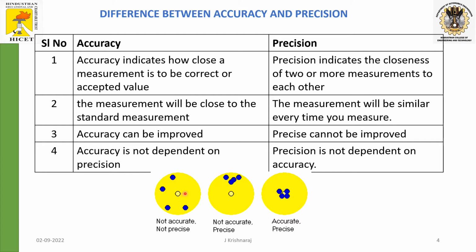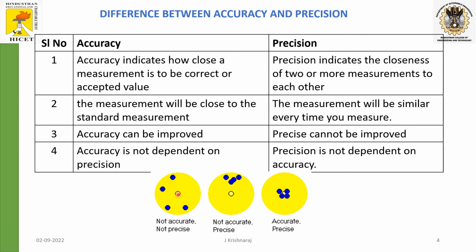In the first image, it shows not accurate and not precise. Not accurate: what is accuracy? Nearness to the true value. The true value is this white dot, and all the readings are very far away from it, so it is not accurate, and not precise, since all four readings differ from each other.